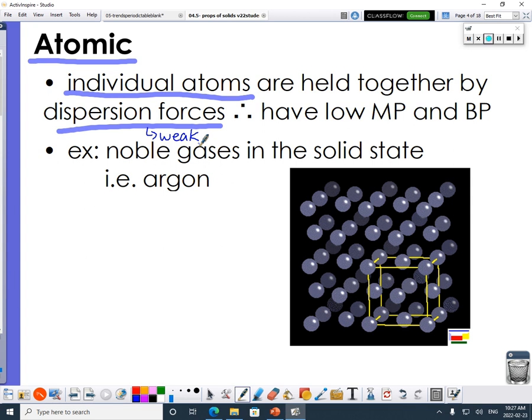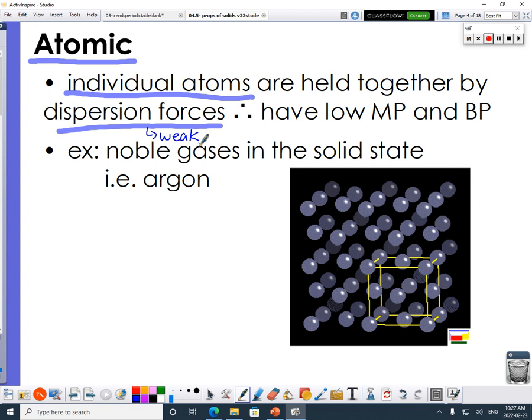So these noble gases like argon, we would normally consider them to be gases. If we can force them to be in the solid state, then they would make this kind of cubic structure. So again, depending on how far you take chemistry, then you can actually calculate the distance here, and it does form a regular cubic repeating pattern. I'm not going to ask you to draw this, but just so you get the idea, okay?